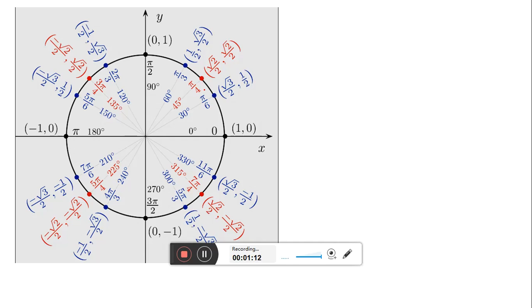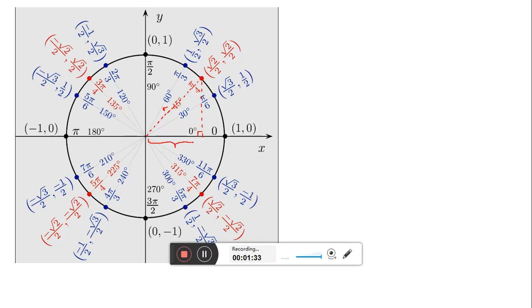Remember, we looked at creating a right triangle right here on the screen. This side along the ray that makes a 45-degree angle was our hypotenuse, r, and since we're dealing with a unit circle, r is of course 1.